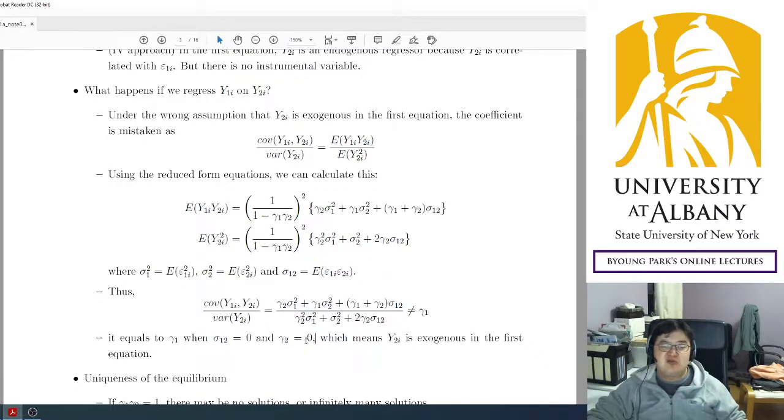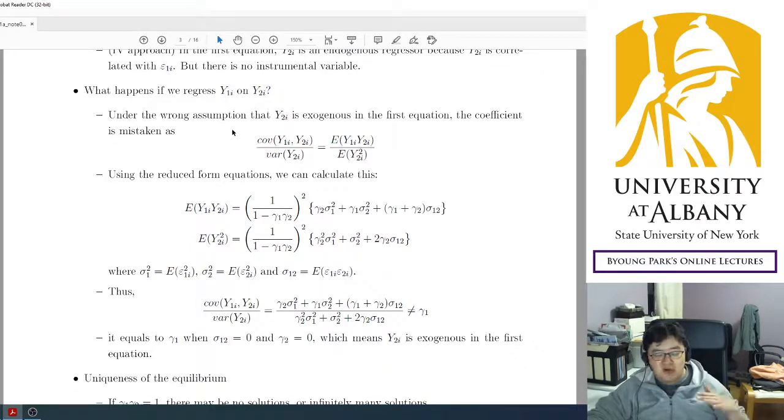So gamma 2 equals 0 means y1 does not, the second equation does not exist. That means y2 should be exogenous. So this holds only when y2 is exogenous, which is a very restrictive assumption. Therefore, this is a typical, very common mistake by many people.